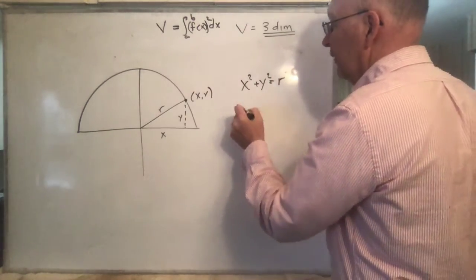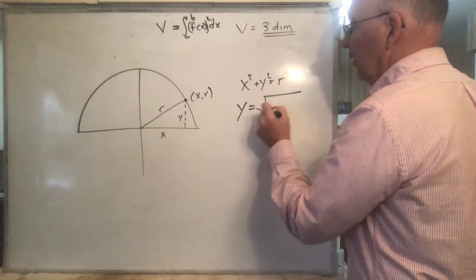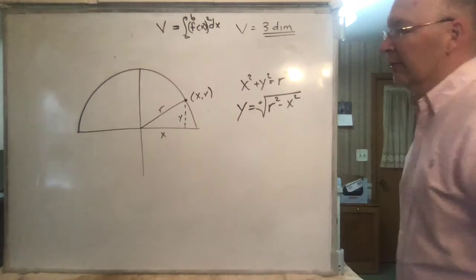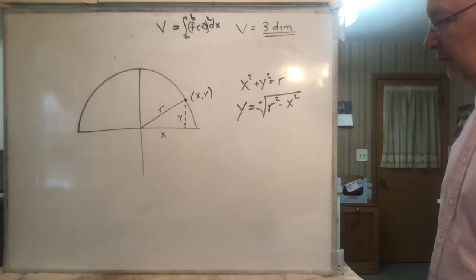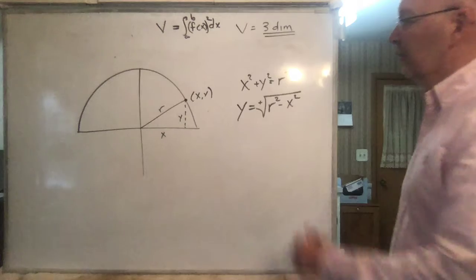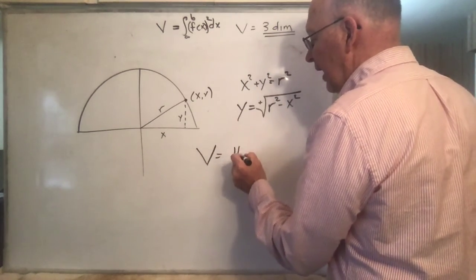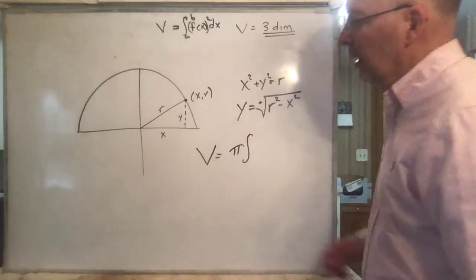The top half of it, if you solve it for y, is going to be the positive square root of r squared minus x squared. So there's your circle. So now we want the volume, which is going to be pi times the integral. Well, watch.